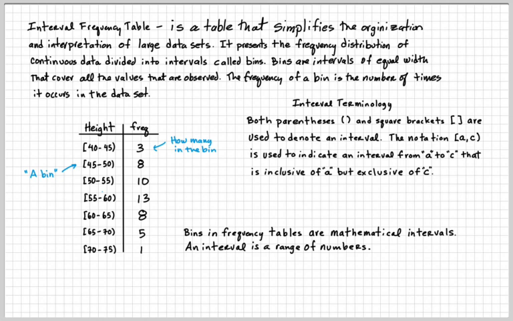Well, when you have a bracket, it means you include that value. When you put a parentheses, it means you don't include that value in this bin. So here you have 40, 41, 42, 43, 44, and all the continuous values that you want.